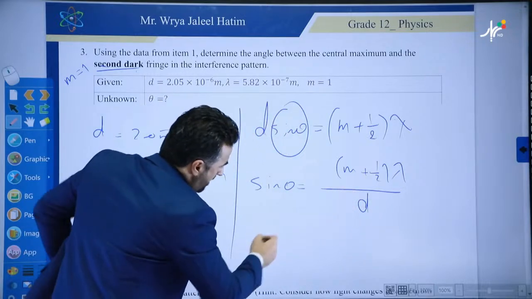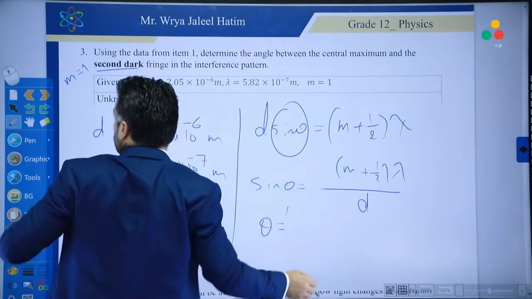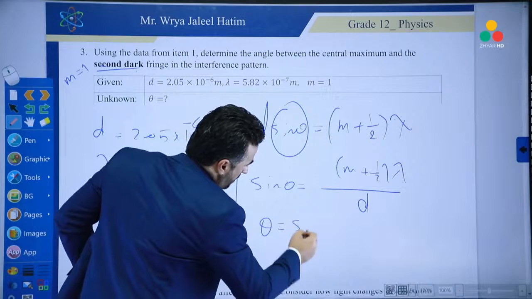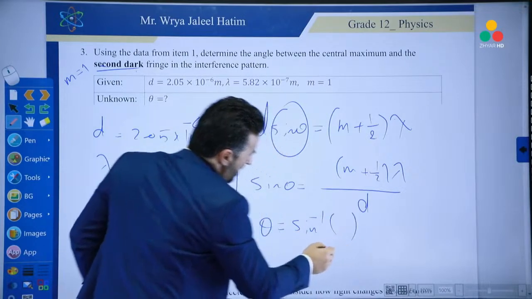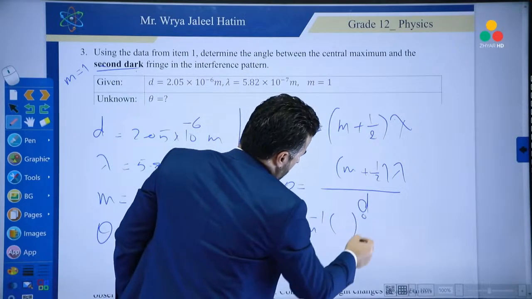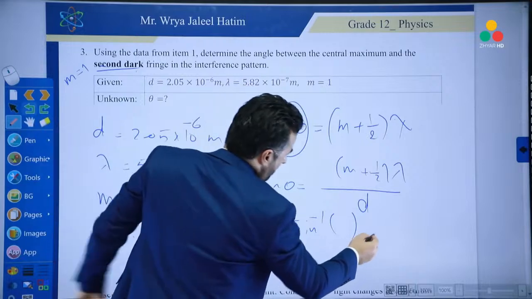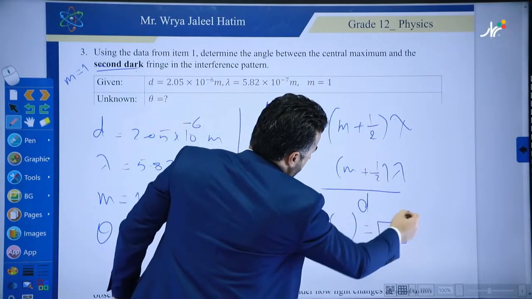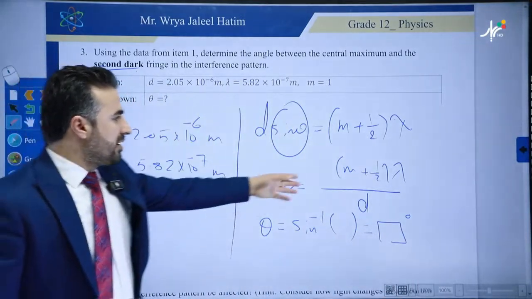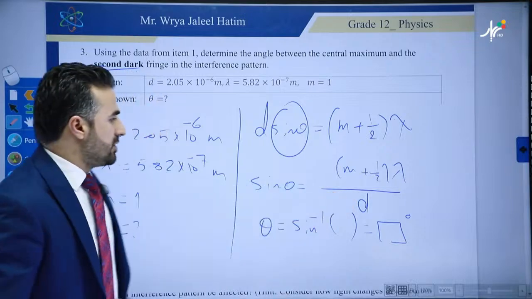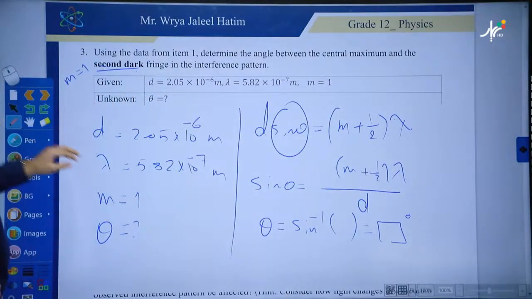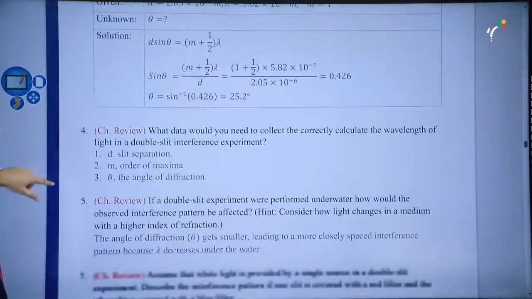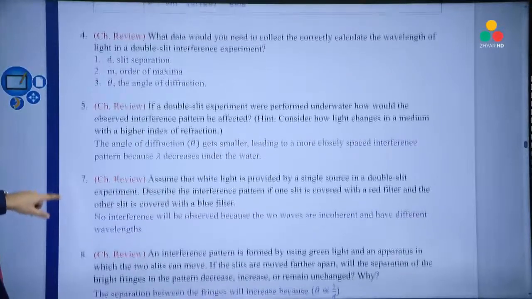Once you find the answer, the angle theta is equal to sine inverse of the entire answer, and you will get the answer in degrees. So you just plug in the numbers, do the math, and you'll find the answer. It cannot get more complicated than this.